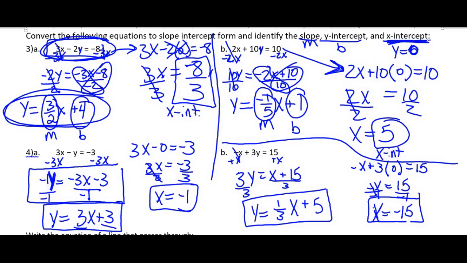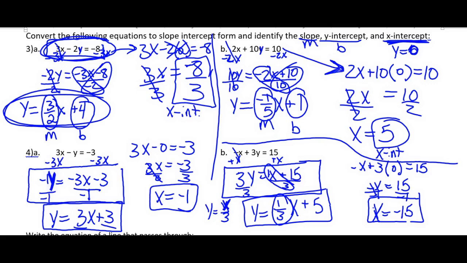Kind of the same thing happens a little bit right here. We have just the x plus 15. Well, when I divide by 3, I need to think of that as a 1x plus 15. So I get 1/3 x for my slope right there. Y equals x over 3. We don't really want to use that as our answer.